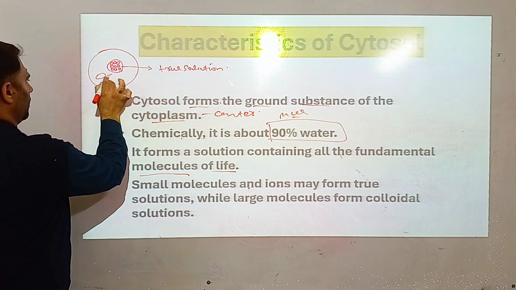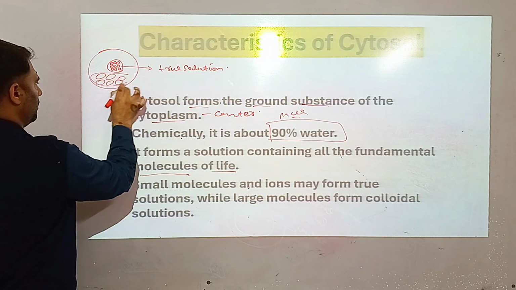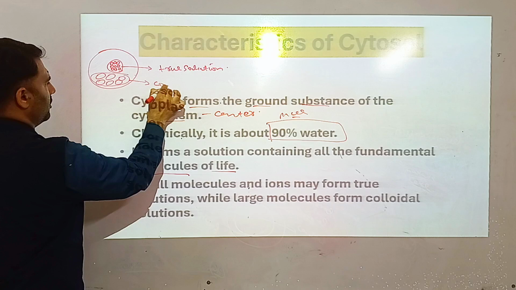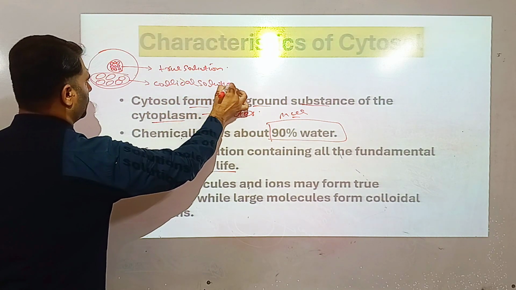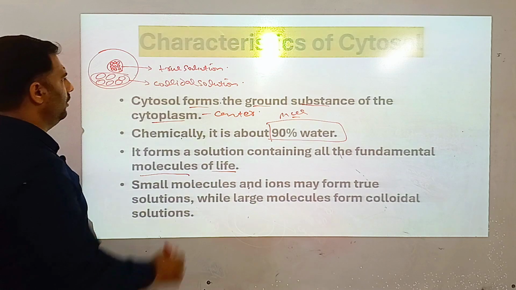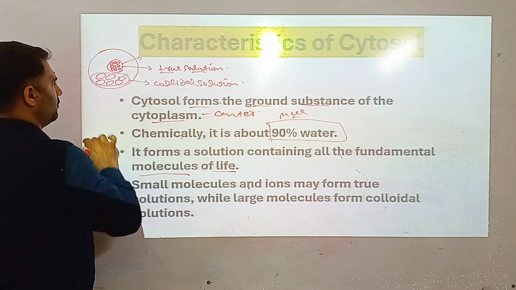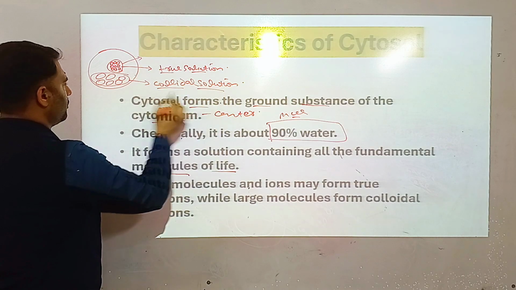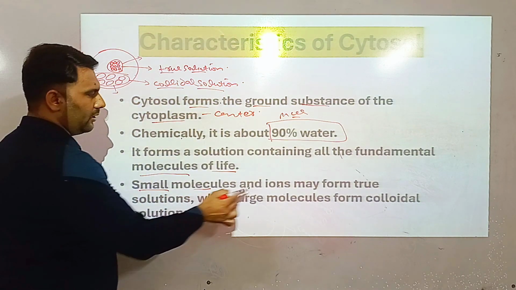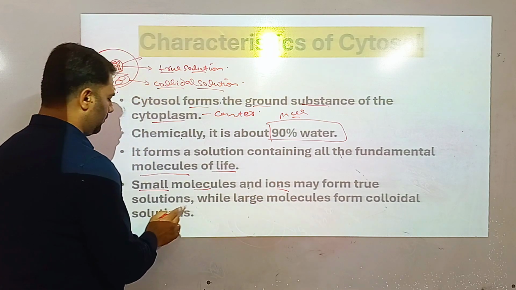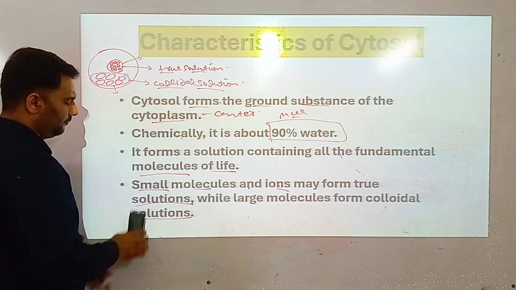And if there are larger molecules and these larger molecules combine to form a solution, then this solution is known as a colloidal solution. So there are two kinds of solutions present inside the cytosol. First is the true solution, made of smaller molecules, and the colloidal solution, made up of larger molecules. Small molecules and ions may form the true solution, while large molecules form the colloidal solution.